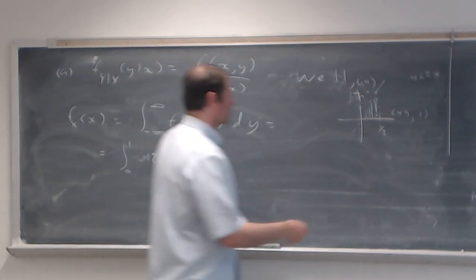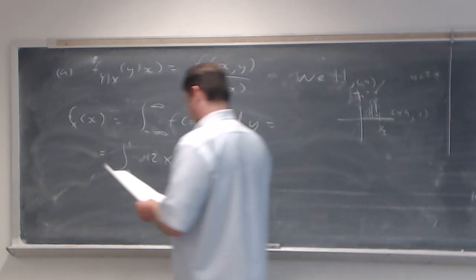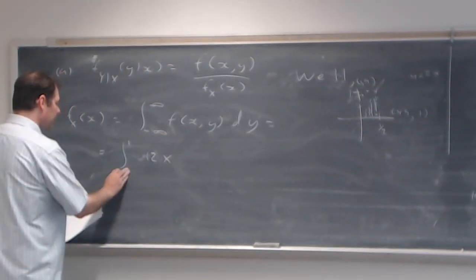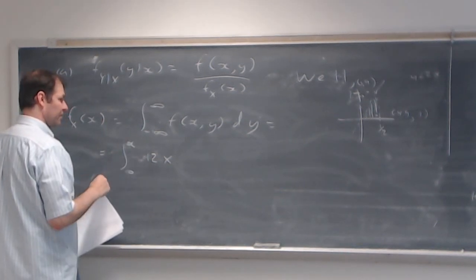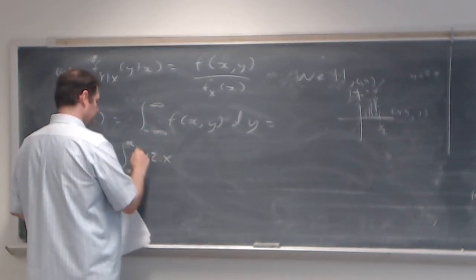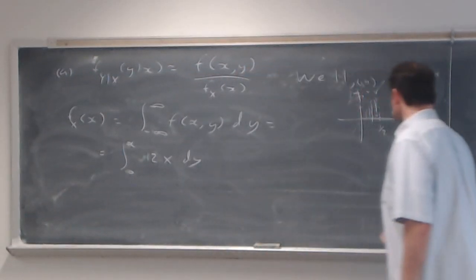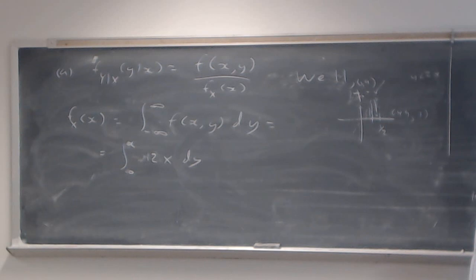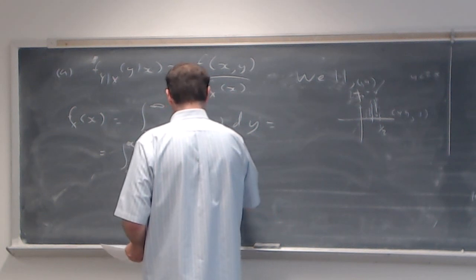You know, really, the y values here run from 0 up to 2x. That's what they run from. And I've got 12x, and so this is dy. Okay? I made a mistake. So for a fixed x value, that's what they run from. And what is my answer here?